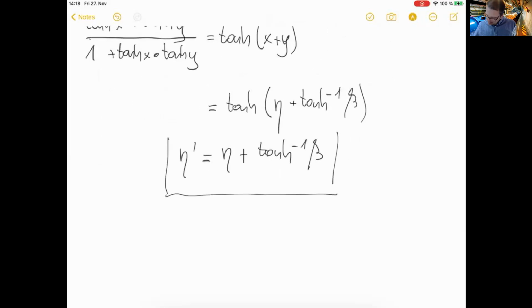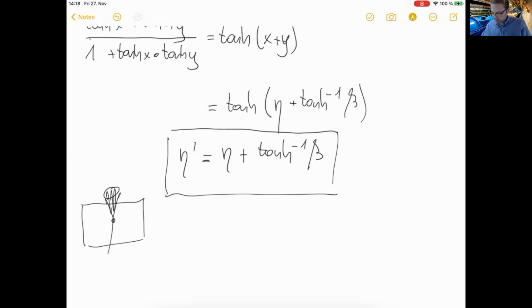And this formulation has many advantages. In particular, it means if we have our detector, let me draw it here, and we have an event, say here are particles in a jet and here are particles in a jet, this is the z direction, then we can Lorentz transform this event. It would look like this.